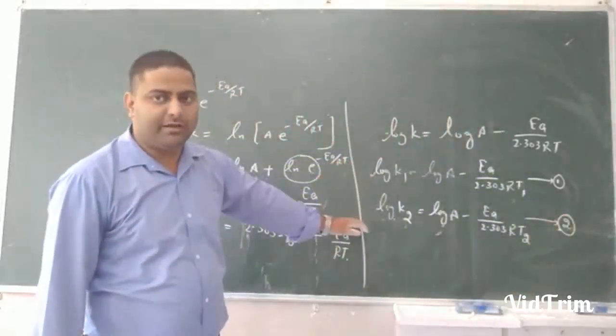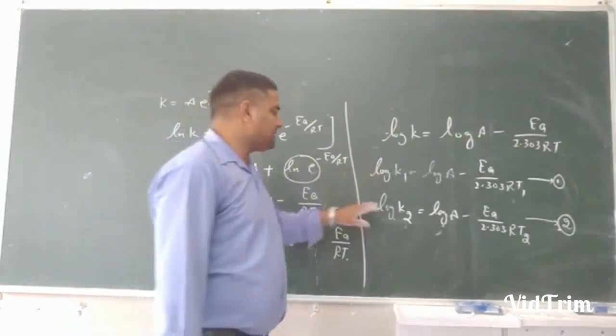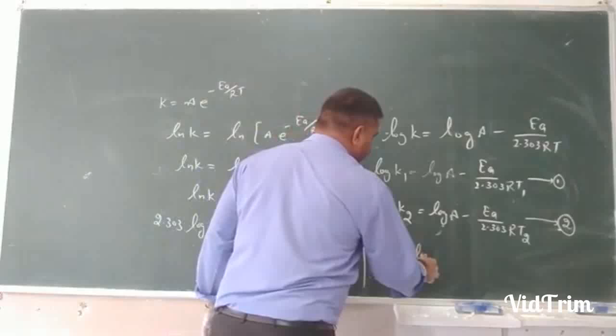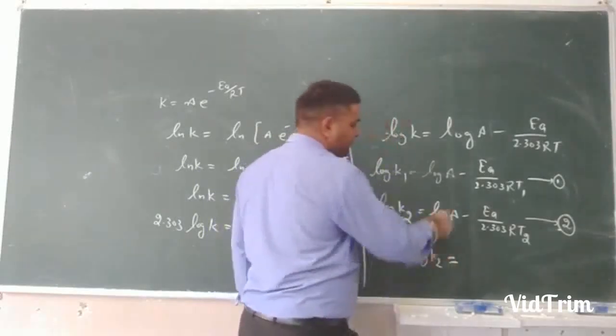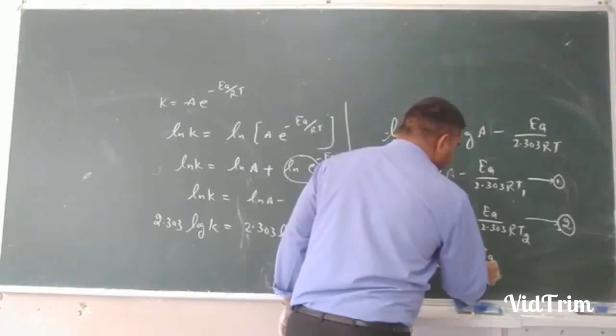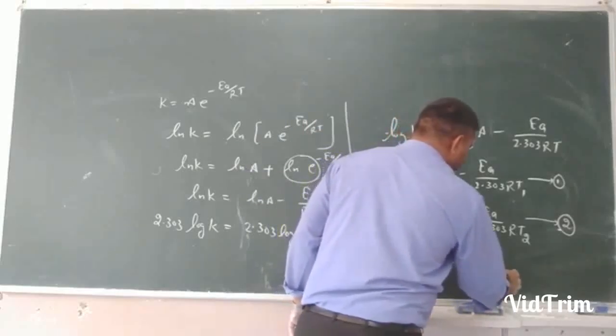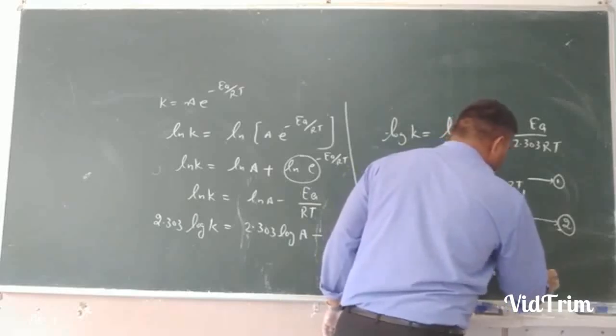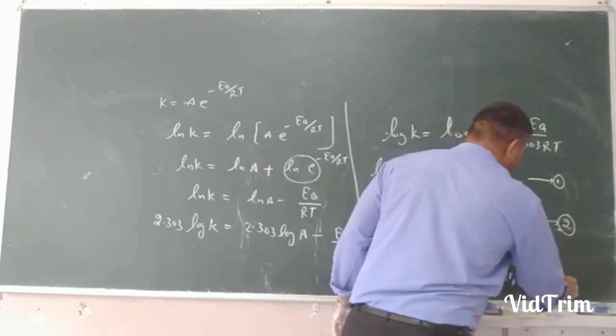Subtract equation 1 and equation 2. When we subtract, log A gets cancelled, and we get log k1 - log k2 = -Ea/(2.303 R T1) + Ea/(2.303 R T2).